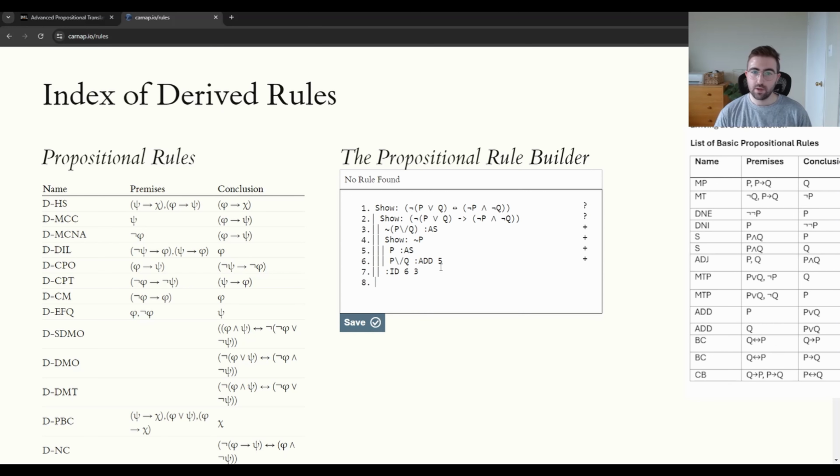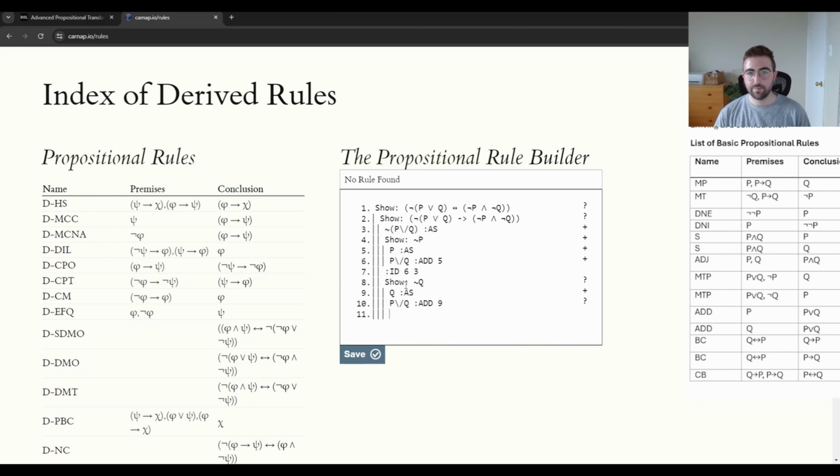All right. So now I have not P. I can do the same thing as I did to get not P to get not Q. Then you assume Q. From this, you can get P or Q from line 9. And again, we have the same contradiction between P or Q and not P or Q. There you go.